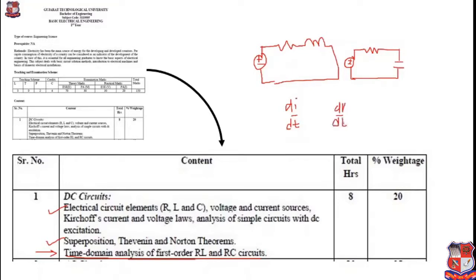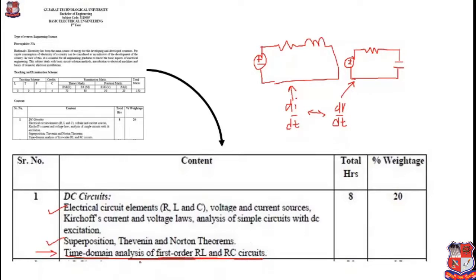These two terms are first order mathematical expressions, which represent that these two circuits have first order equations. So that's why the term first order RL and RC circuit is mentioned.